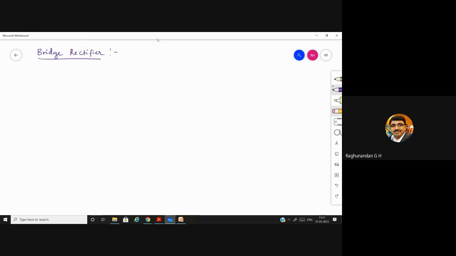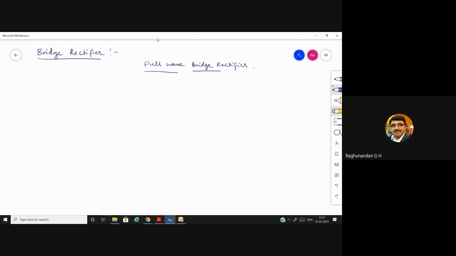See, in an exam, you should read the question properly, because they'll ask like this: full wave bridge rectifier. Many of the papers I have seen, as soon as they see full wave rectifier, they start writing using two diodes. That is wrong. You should read completely.